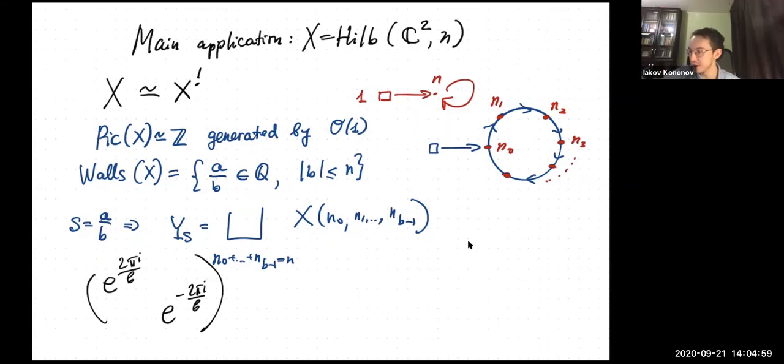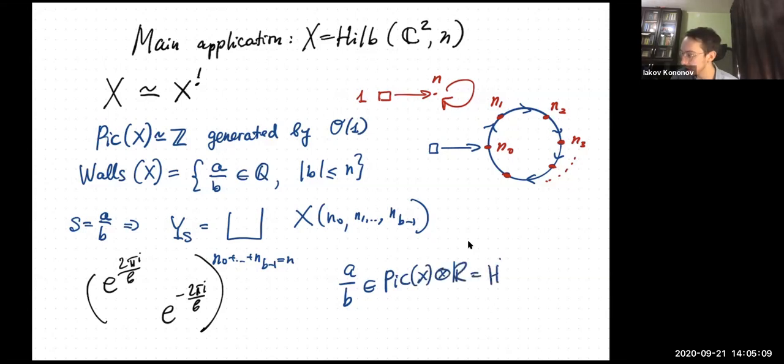Yes. So this slope A over B belongs to Pic_R of X times R, that is H2 of X and R. So by the map kappa, this is mapped to the torus, like A factorial, acting on the X dual variety. So we get some co-character in that torus.